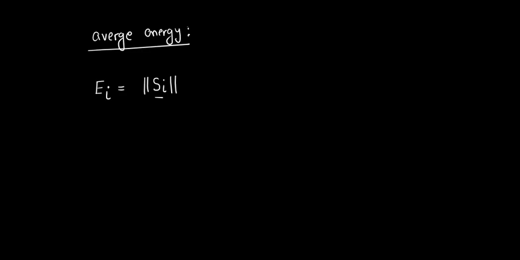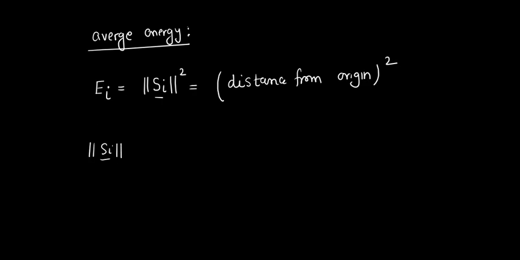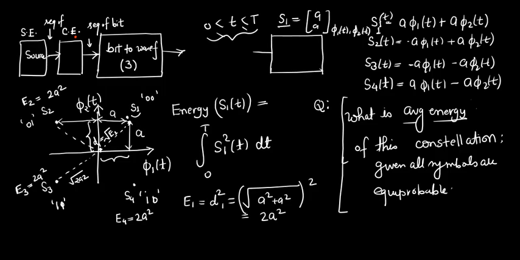वेक्टर नॉर्म क्या होता है? It's distance from origin. ठीक है? Where SI, ये S1i क्या है? Projection of this SI over the first basis.